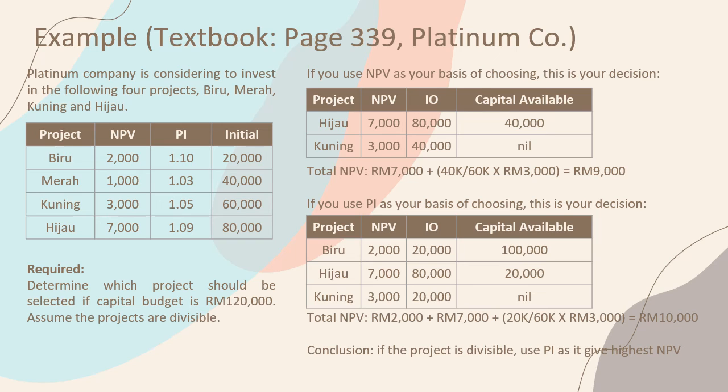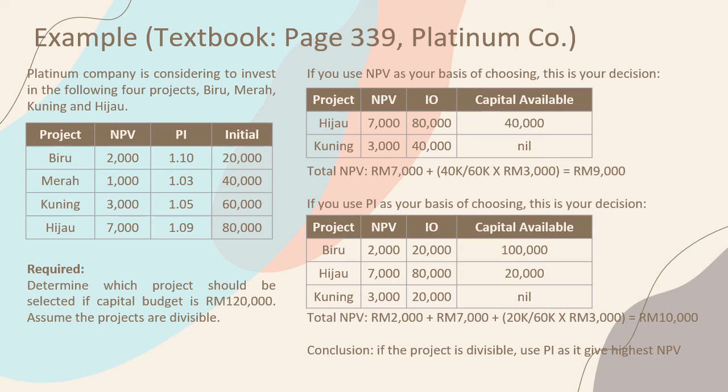Therefore, my total NPV here is 7,000 plus the kuning. We do not get the whole 3,000 since we only take the 40,000. Therefore, we only get the 2/3 of the project NPV, which is only 2,000 here, and therefore my total NPV for this choice is 9,000 ringgit.